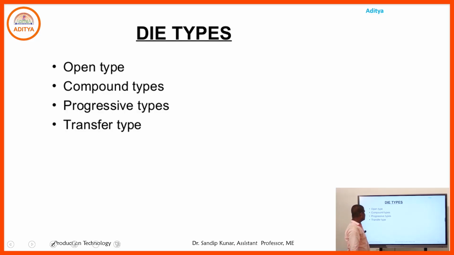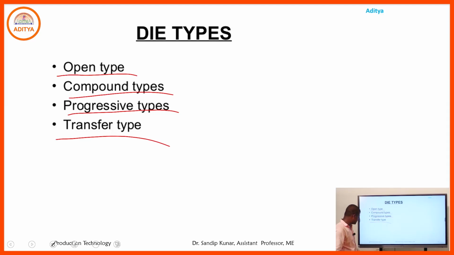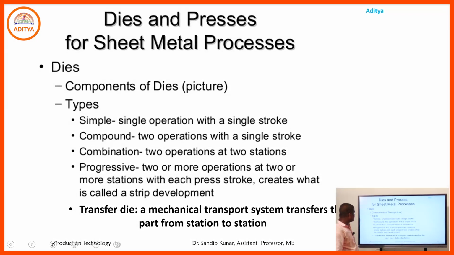Die types. Different die types are provided during cutting operation: open type, compound type, progressive type and transfer type. So, dies and presses for sheet metal processes. Components of die types: simple die, single operation in a single stroke.